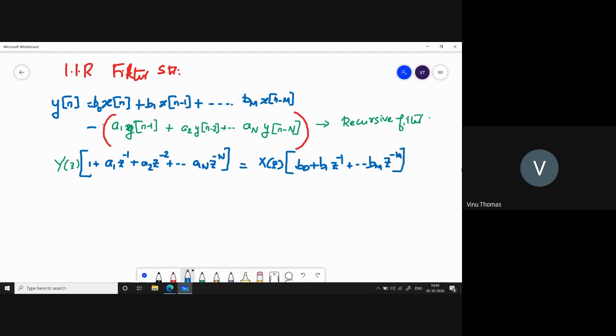Or in other words, you can write Y of z by X of z, which is our transfer function or our system function.